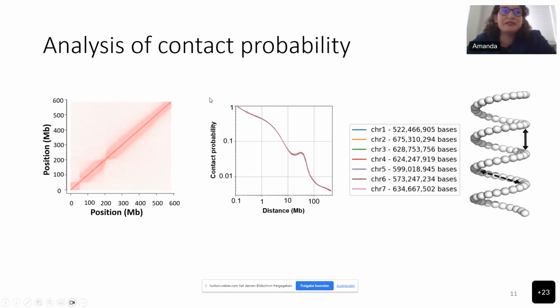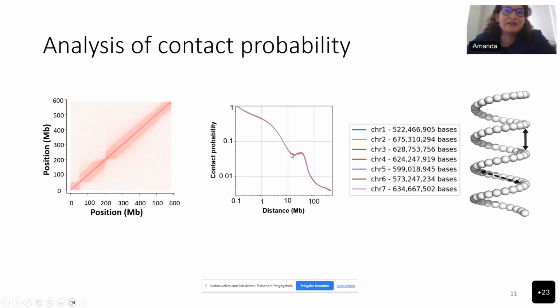There is another way of analyzing the Hi-C matrix, which makes it easier to compare between species and between chromosomes. And it's the analysis of the contact probability. So imagine that we take an orthogonal line here from the center, so from this diagonal, and we just check for its intensity.